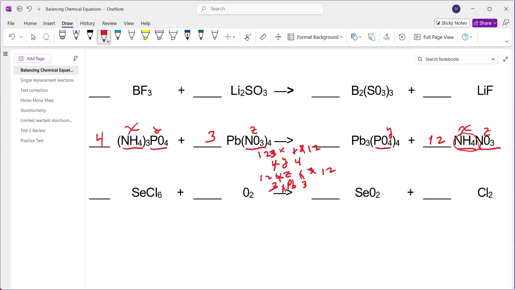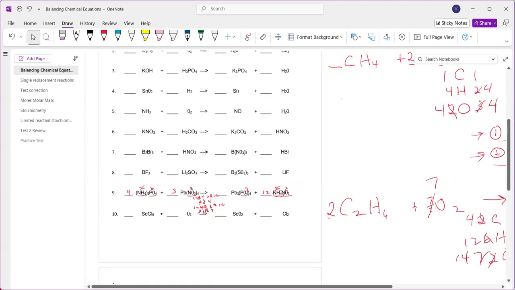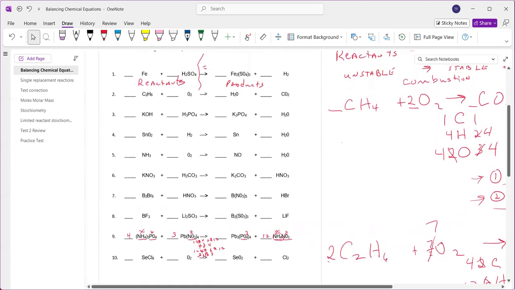Okay, so what we're going to do now is we are going to practice. The ones that have lots of stuff in them are the hard ones. Leave those for last. Just bounce around on these guys.